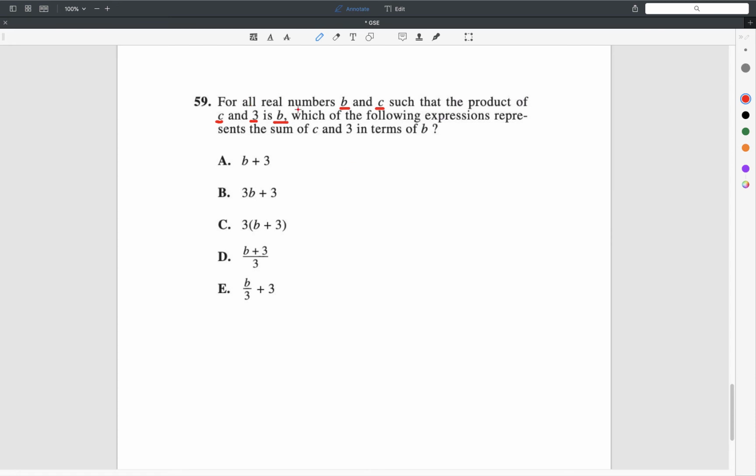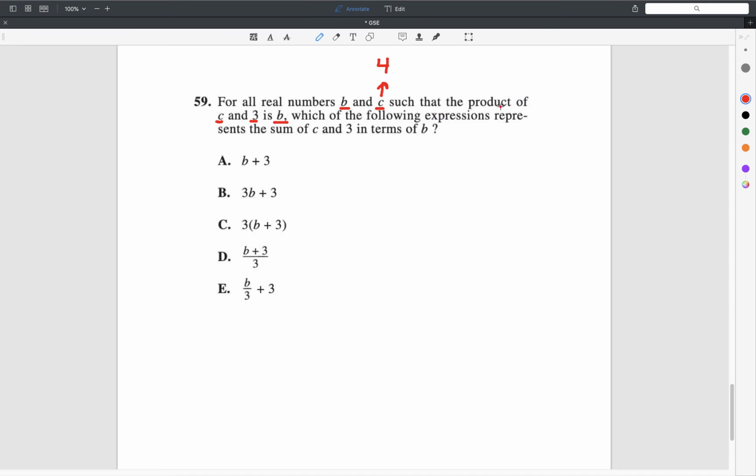So let's see here. It says for all real numbers b and c, such that the product of c and 3 is b. Now we need to be a little bit careful with how we choose these numbers, because they are giving us an actual equation here, or a restriction on the relationship among these numbers. So let's say that c is going to be 4, for example, right?